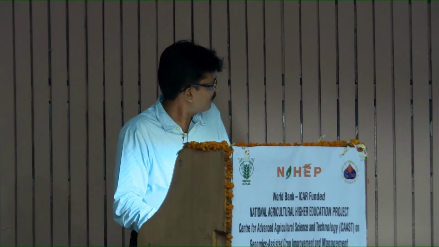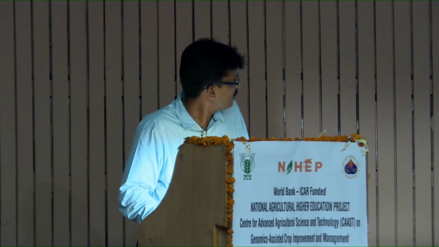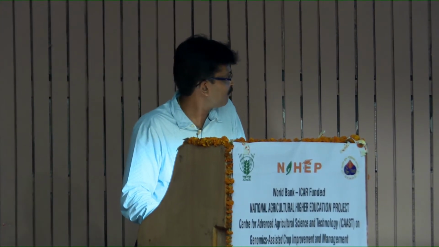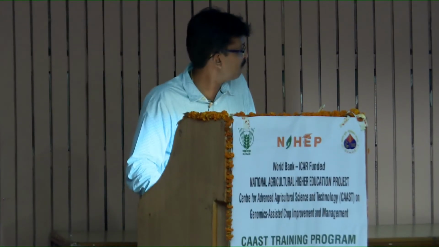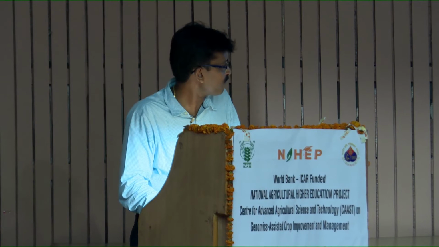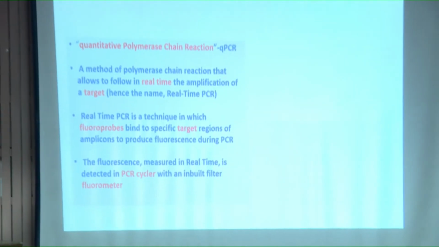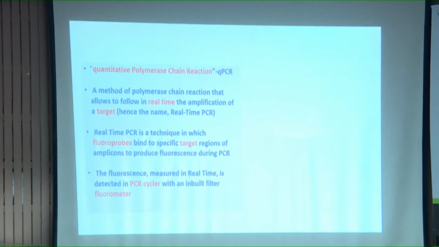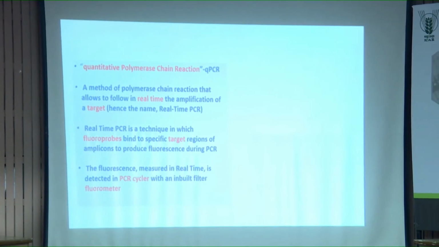And if you talk about the quantitative polymerase chain reaction, this is a method of PCR that allows you to follow in real time the amplification of the target, hence the name qPCR. Real-time PCR, or qPCR, is a technique in which you are going to use fluorophore probes.